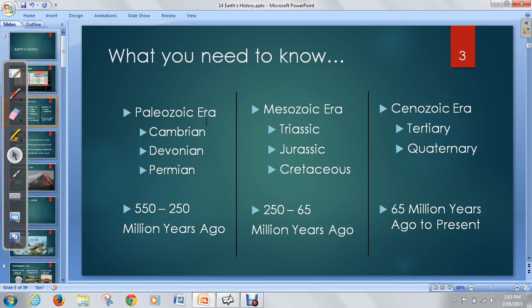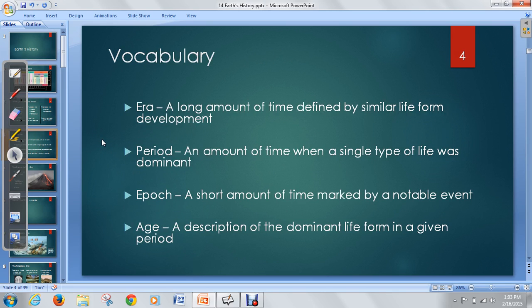Once you've got those all written down, I'd pause this video again and take some notes for the different vocabulary: era, period, epoch, and age. You don't have to understand exactly what these definitions mean. If you want to simplify, I usually draw this type of picture in class. You can think of all the time on Earth as this one big block, and that block is broken up into eras.